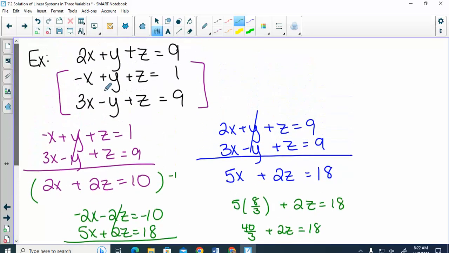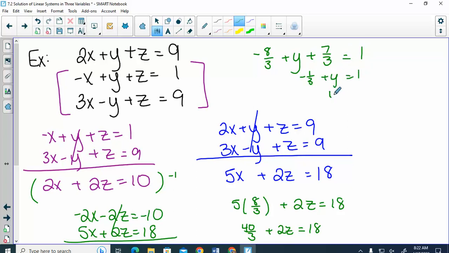So I'm going to do the middle one. So -x plus y plus z equals 1. And did you get 4/3 for y? No. Yes.